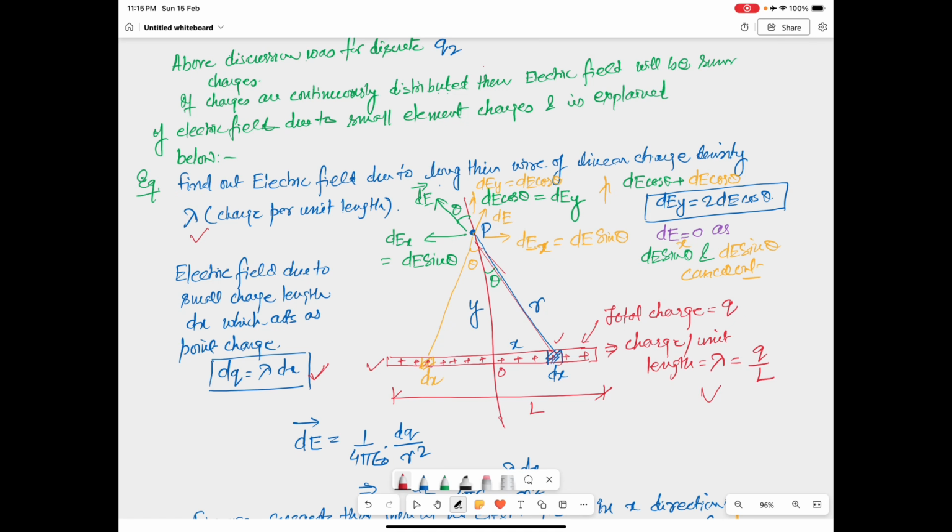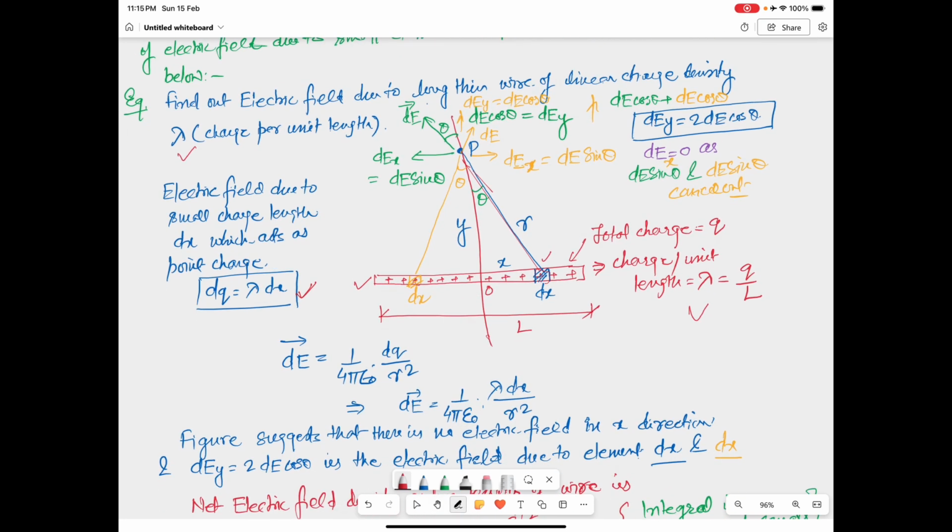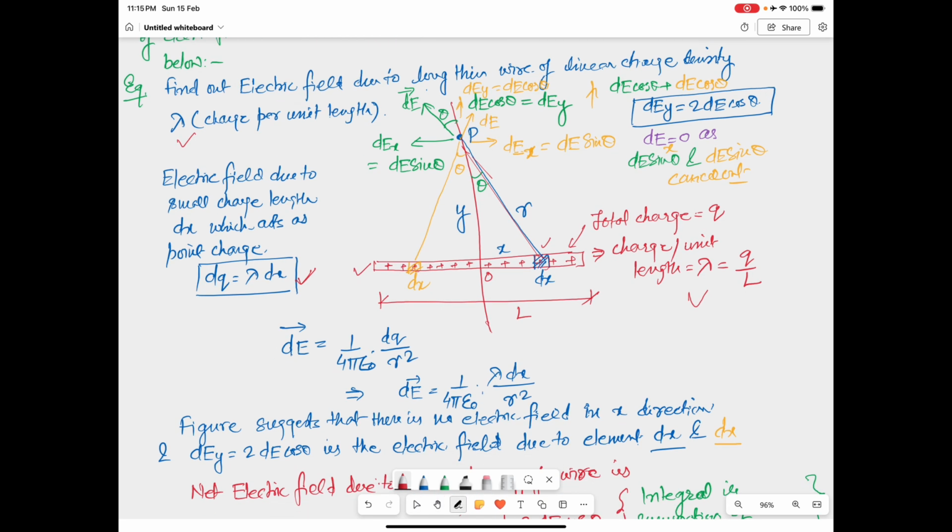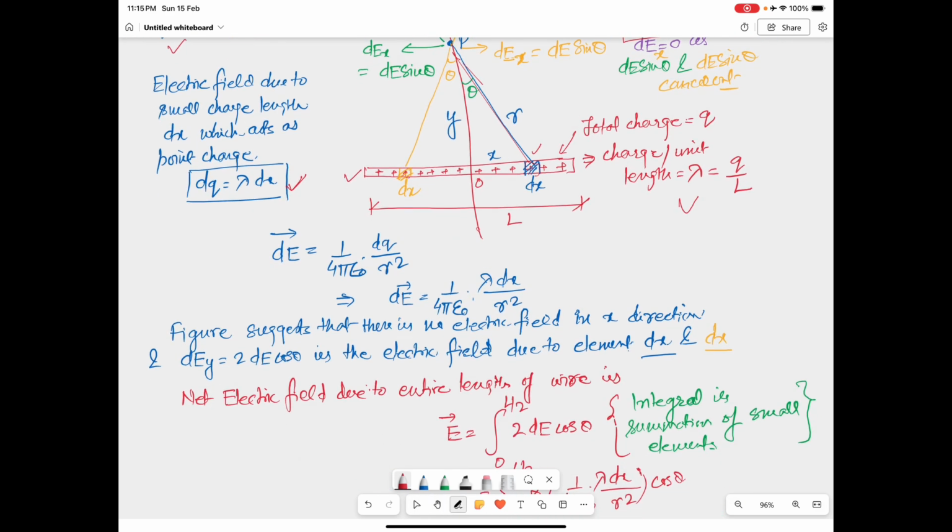As you can see here, dEx because of the blue element and because of the yellow element are cancelling each other out, whereas the vertical component, the green component, because of the blue element and the yellow element, are adding to each other. So the net electric field in the y direction is dEy equal to 2 dE cos theta.